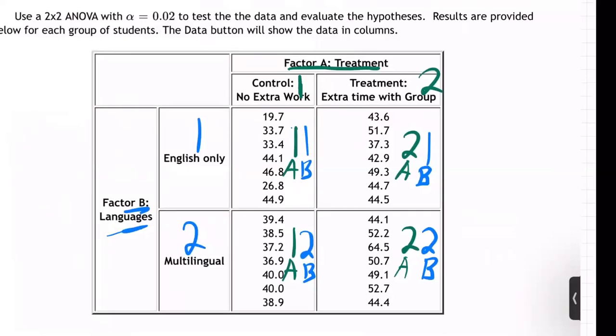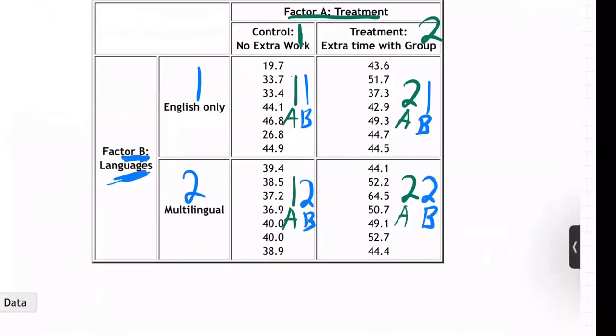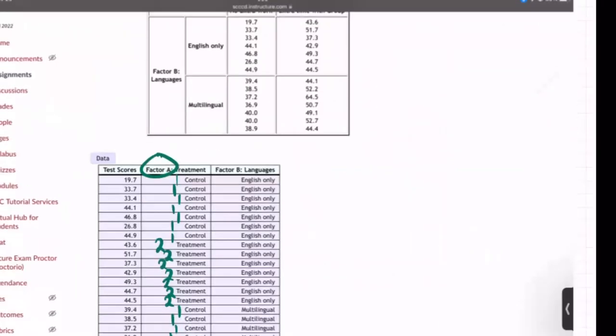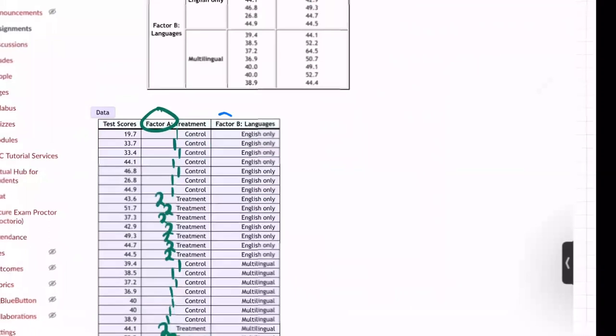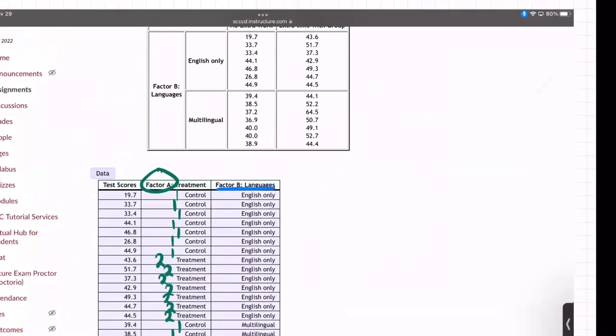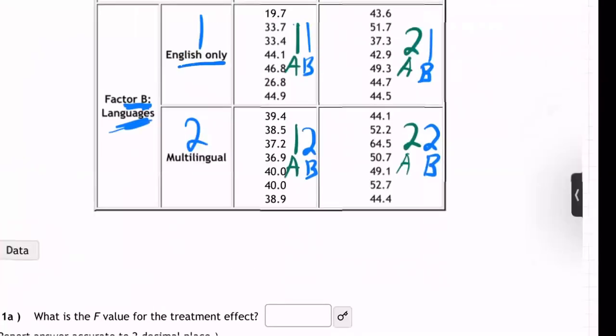And then for factor B, languages, that's right here, factor B, languages. The English only is 1. How do you know? English only is 1. Multilingual is 2. Everybody seeing that?